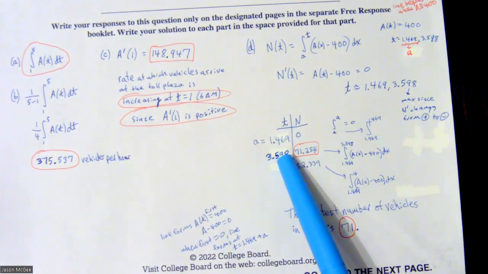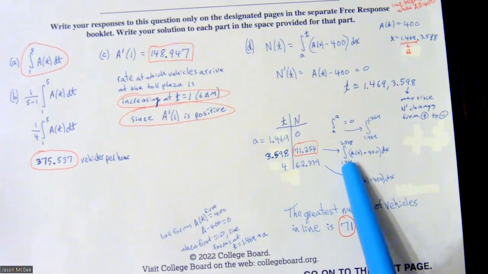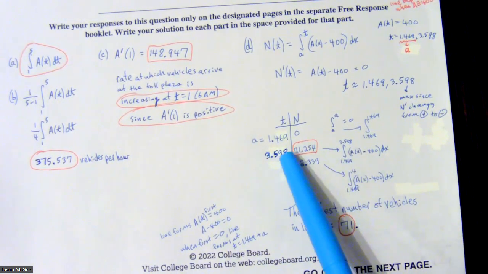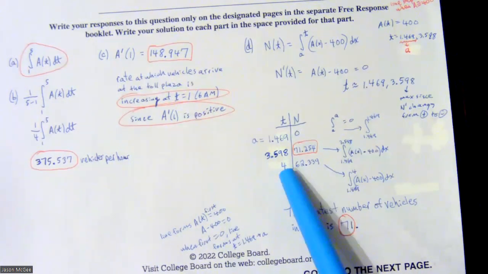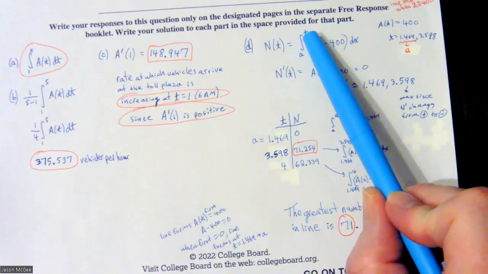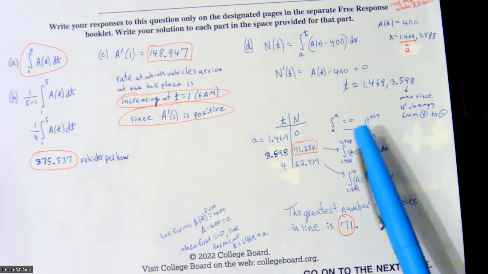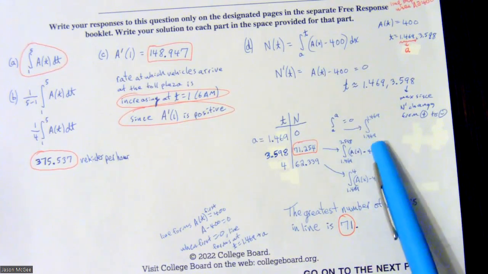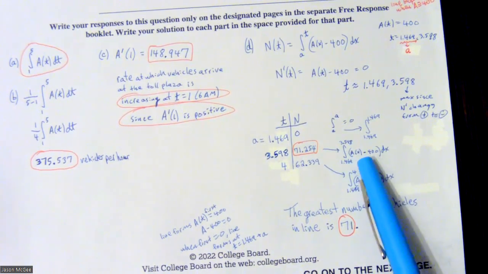And then we have to take the 3.5. So for the remaining two, the A is going to be 1.469, and then we're going to take the 3.598 and the 4 and plug it in place for the T right there. So remember, I now have this A of X minus 400 as my Y1 in the calculator.